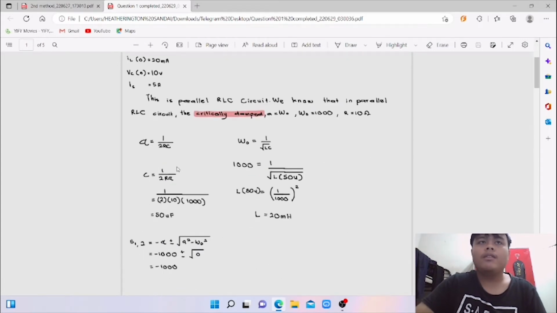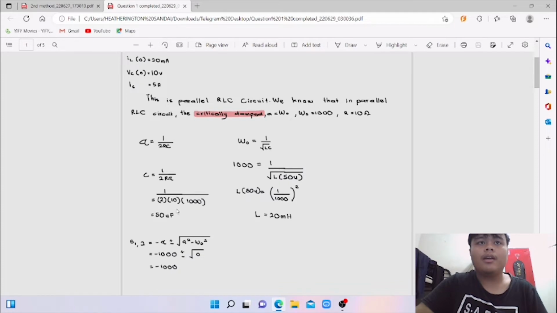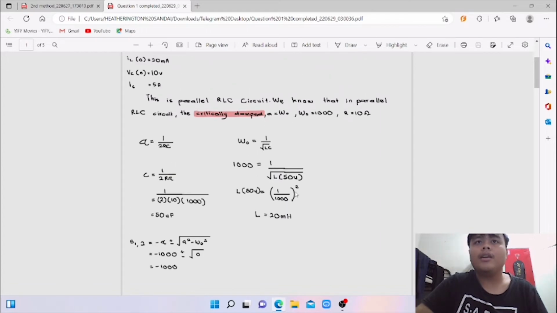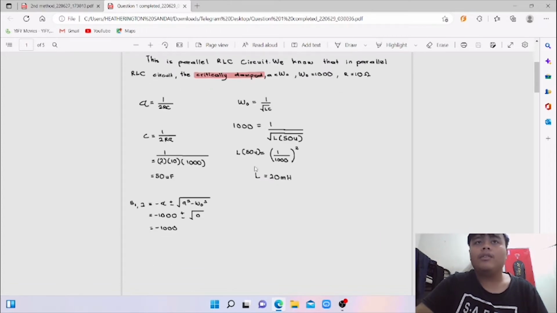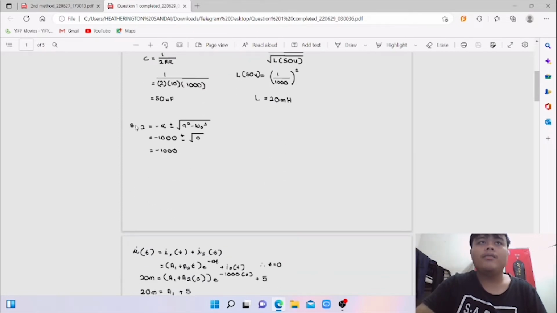As you can see, after I calculate the formula, I get the capacitor C as 50 microfarad, and for the inductor I got 20 millihenry. After I got that for S1, this is equation 1.